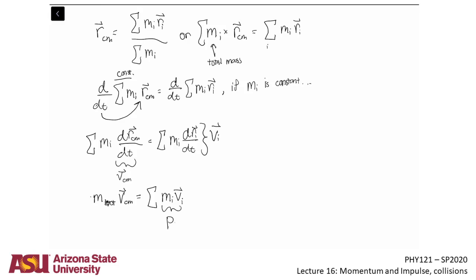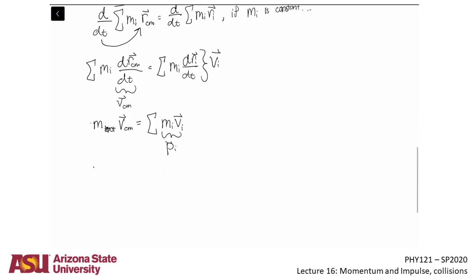What is this? This is the momentum of particle i, right? So therefore, this is essentially the momentum of the whole system, which is equal to the sum of the momenta of the individual components.